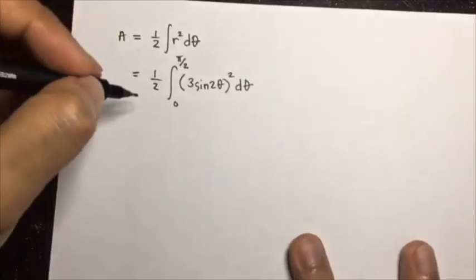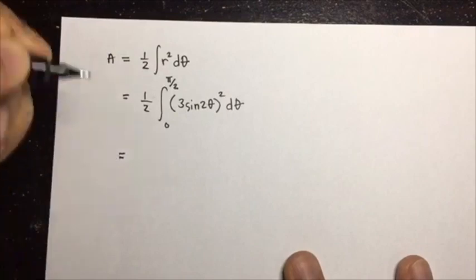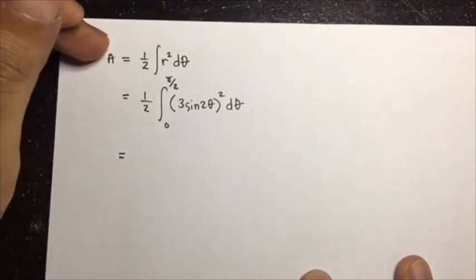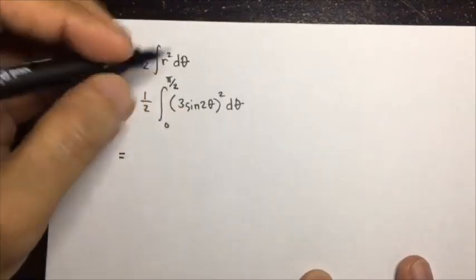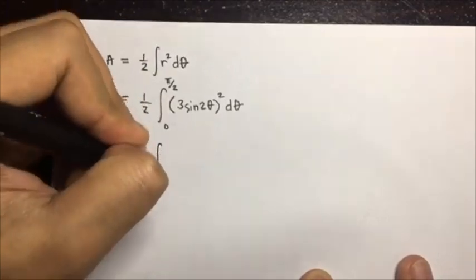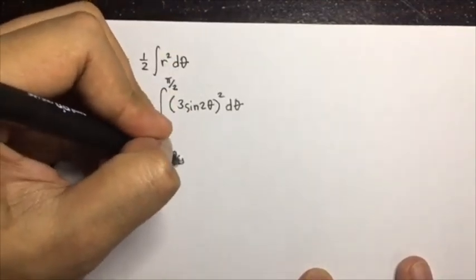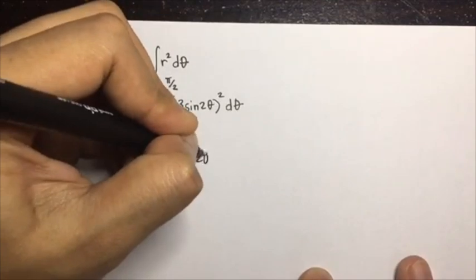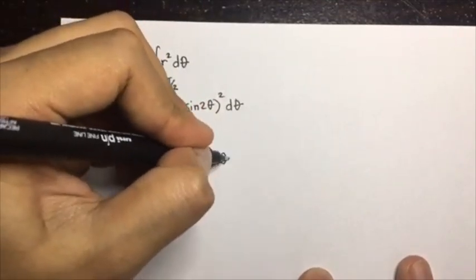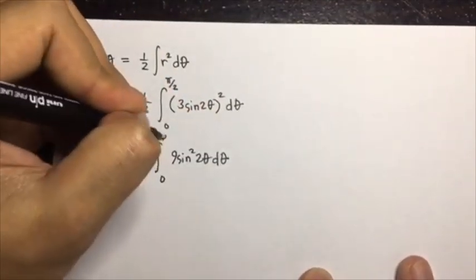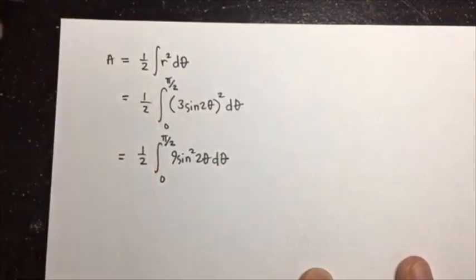Next is simplify. We have 1/2 integral of 9 sine squared 2 theta d theta from 0 to pi over 2.